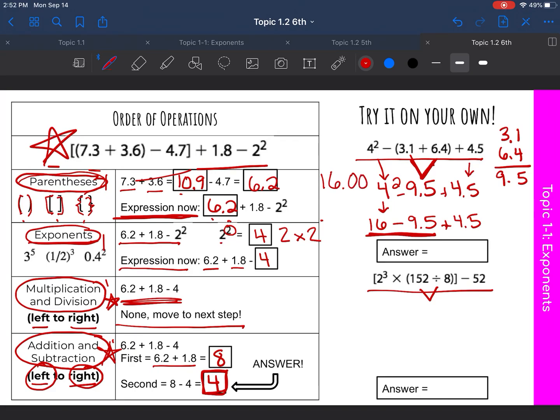I would add 2 zeros at the end after the decimal place for 16 so that you can easily write that 9 and 5/10. So we have 0. We make that a 5, make that a 10. 10 minus 5 is 5. Can't do that, so that's a 15. 15 minus 9 is 6. So we end up getting 6 5/10.